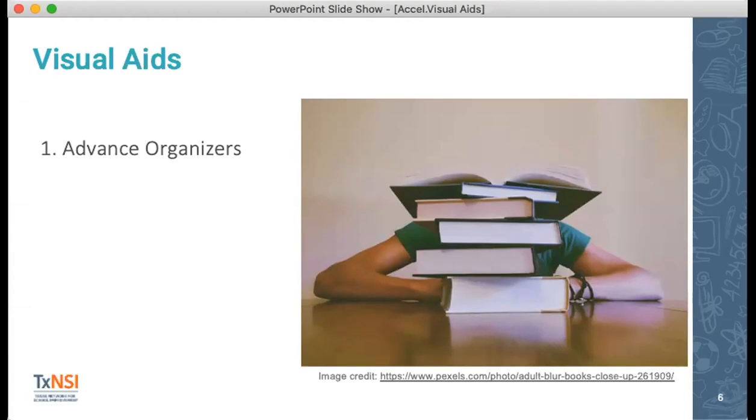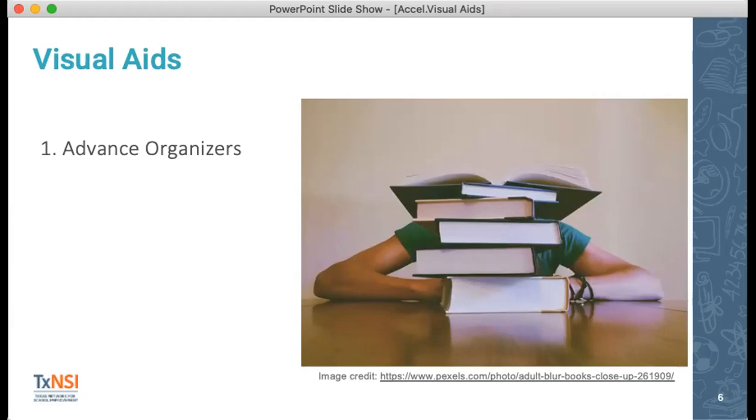So when presenting a lot of information that could overwhelm the students, advanced organizers, this is our first type of visual aids, can help students understand, retain, remember and use the material. Okay, you're going to recognize a lot of them. Sometimes we use them in our own PLCs, and you may have used them in classrooms before, but I just want to go over it one more time.